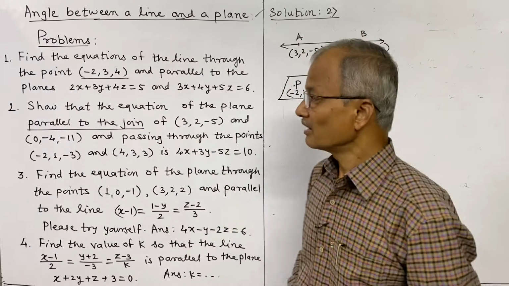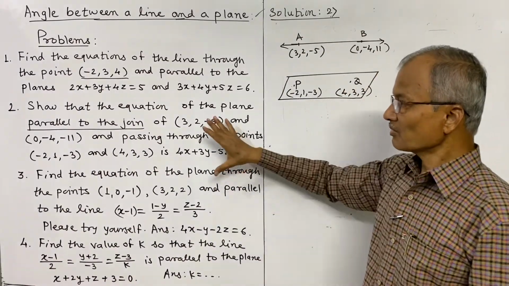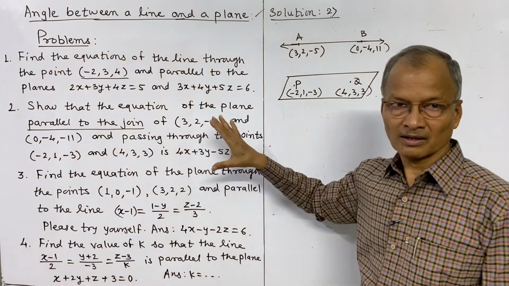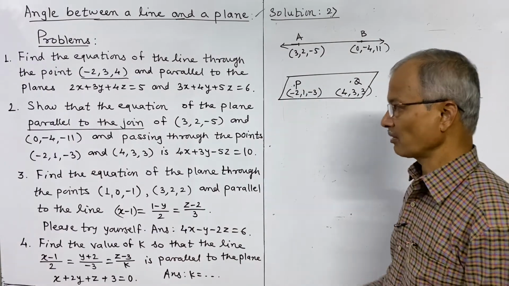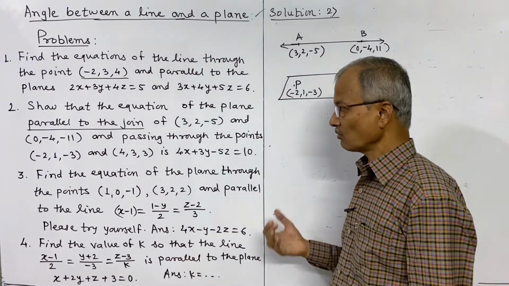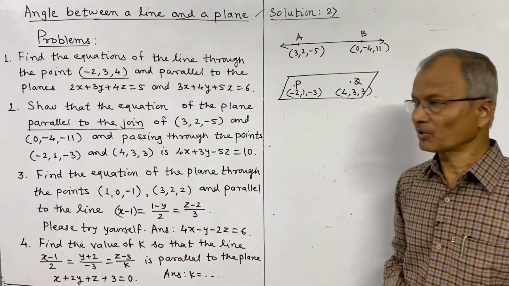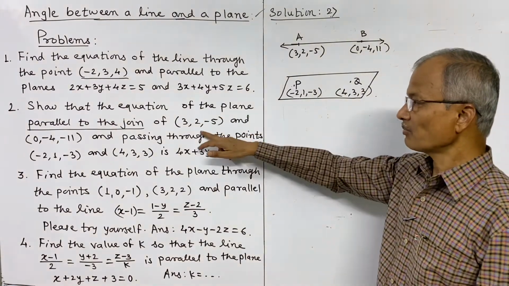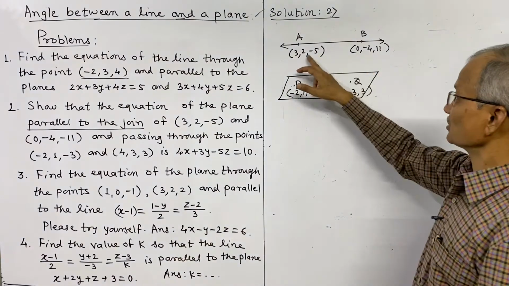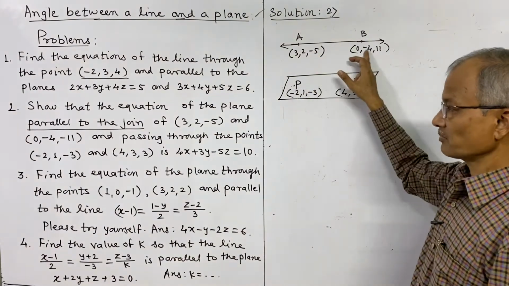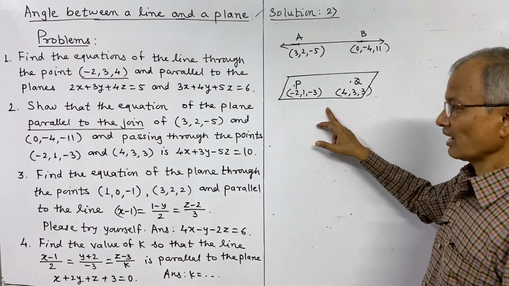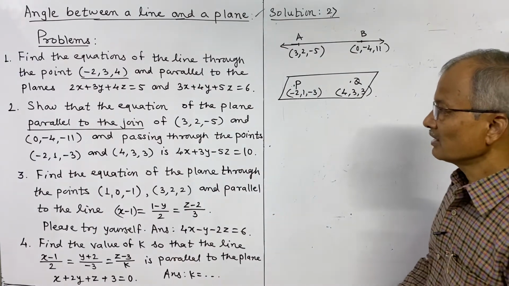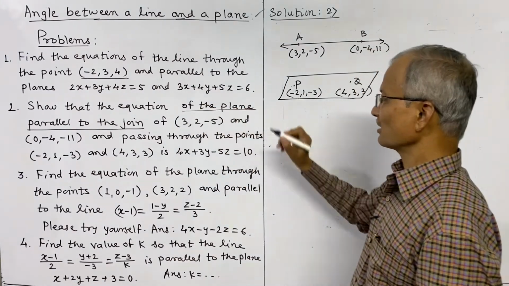Now you see, it is important to observe the problem carefully and understand what is given in the problem, and then decide what is to be done to solve it. It is given that the plane is parallel to the join of these 2 points, and the plane passes through these 2 points, and we are required to find the equation of the plane, not the line.